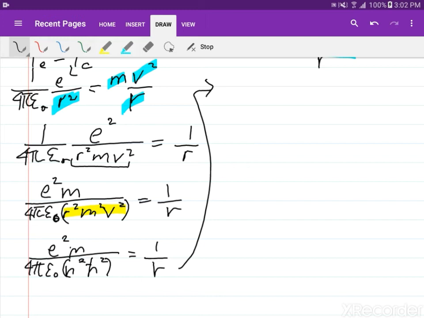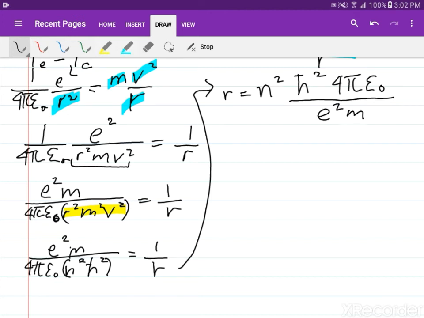Now inverting 1 over r, we get r equals n squared h bar squared 4 pi epsilon naught over e squared m.